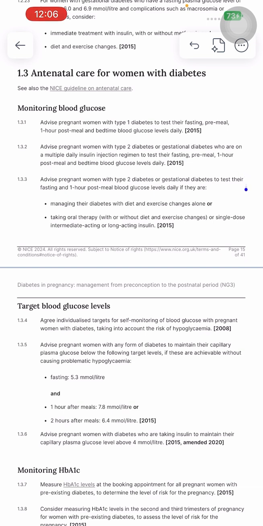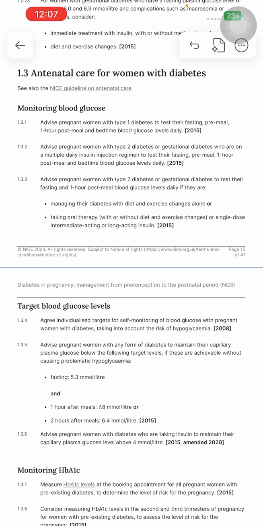So they have given a relaxation in that point: if her sugar levels are controlled, then those having type 2 or gestational diabetes only have to check fasting and 1 hour post-meal. If everything is controlled and she manages it by herself at home, then you tell her to record her fasting and 1 hour post-meal, whether managing with diet and exercise, oral therapy, or a single dose of intermediate or long-acting insulin.